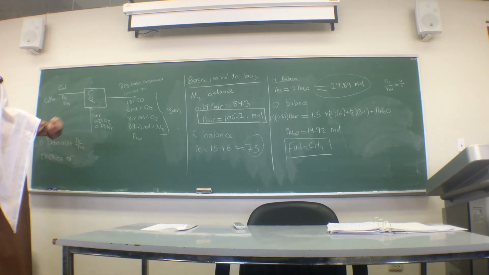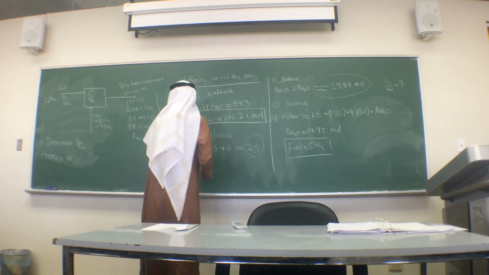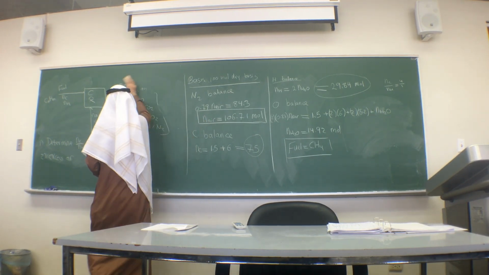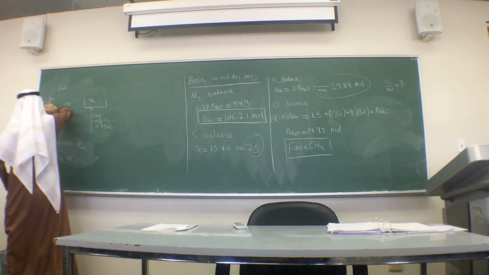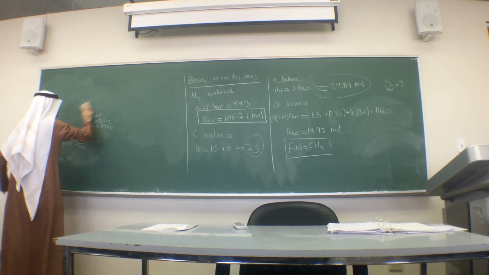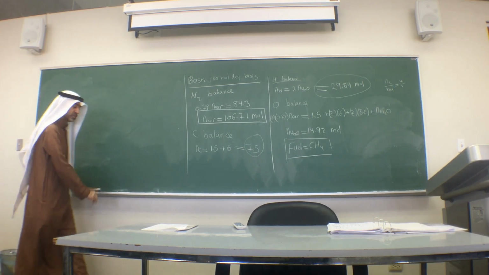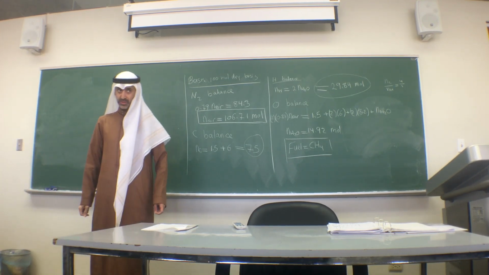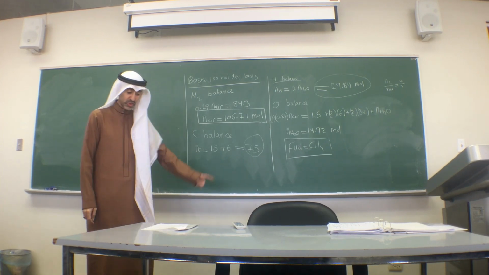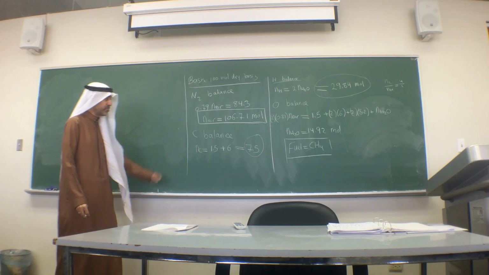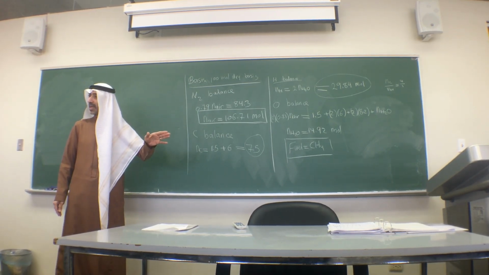I have the actual, so I have to calculate the theoretical amount. How can I calculate the theoretical amount of air that I need? It is the air containing the oxygen for complete conversion of the fuel. So I have to burn all the carbon and all the hydrogen.